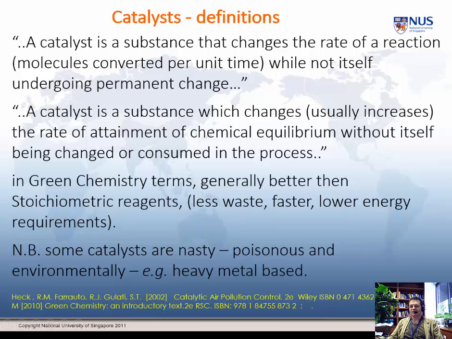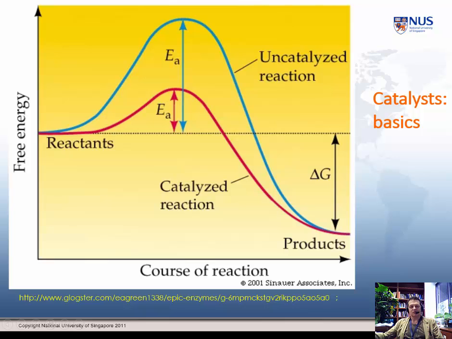Okay, so back to basics. The sort of thing you all learnt when you were little in school. So we have a reaction, reactants to products, and this part of the graph from here to here is about thermodynamics.